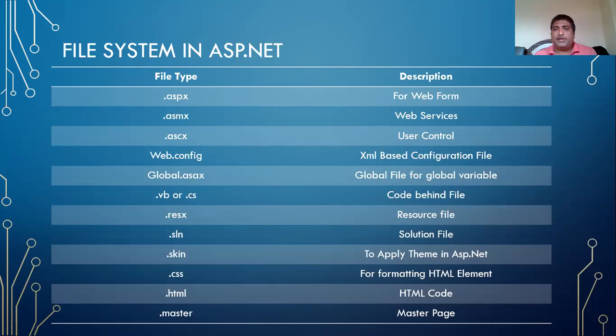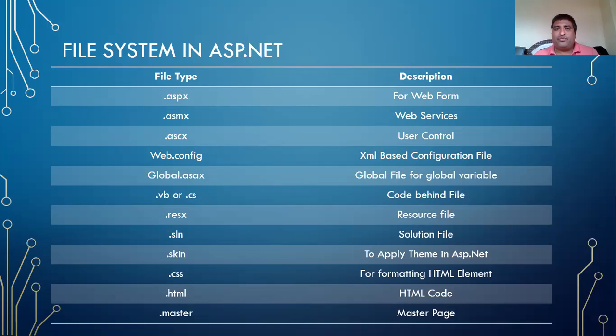There are different types of controls available in ASP.NET, for example, server control, HTML control, data control, and one of the types is user control. We can create our own control using ASP.NET, and its extension is .ascx.